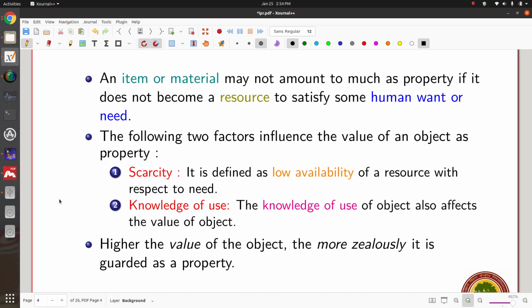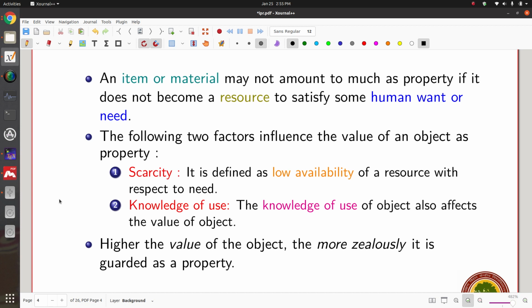Then that metal will not have any value for those people or that community. So the value of the property actually depends on the knowledge of use of that property.